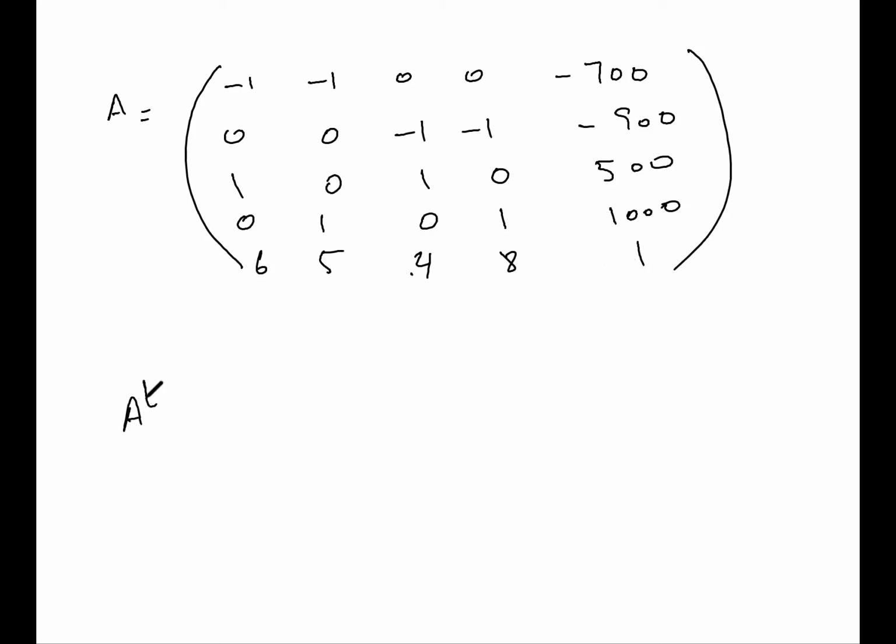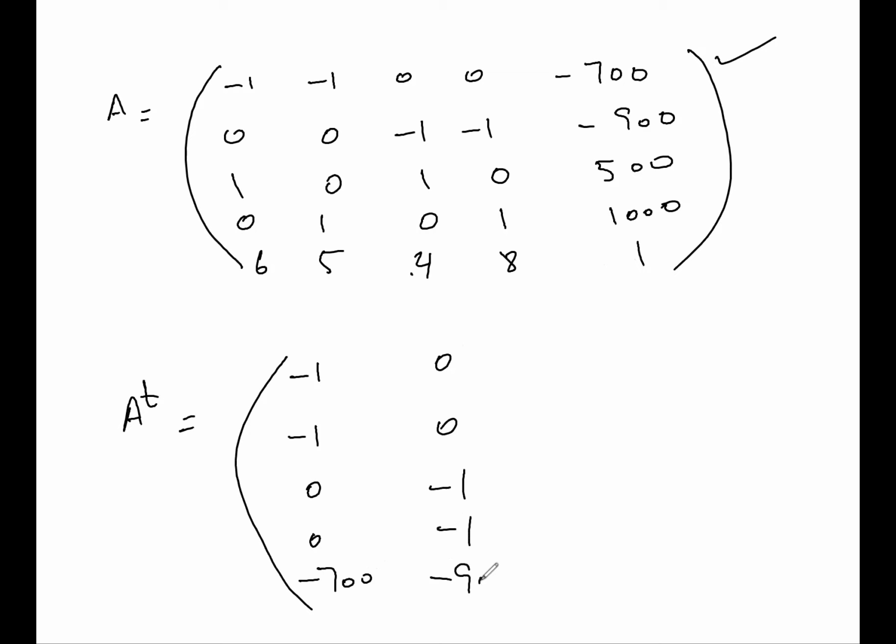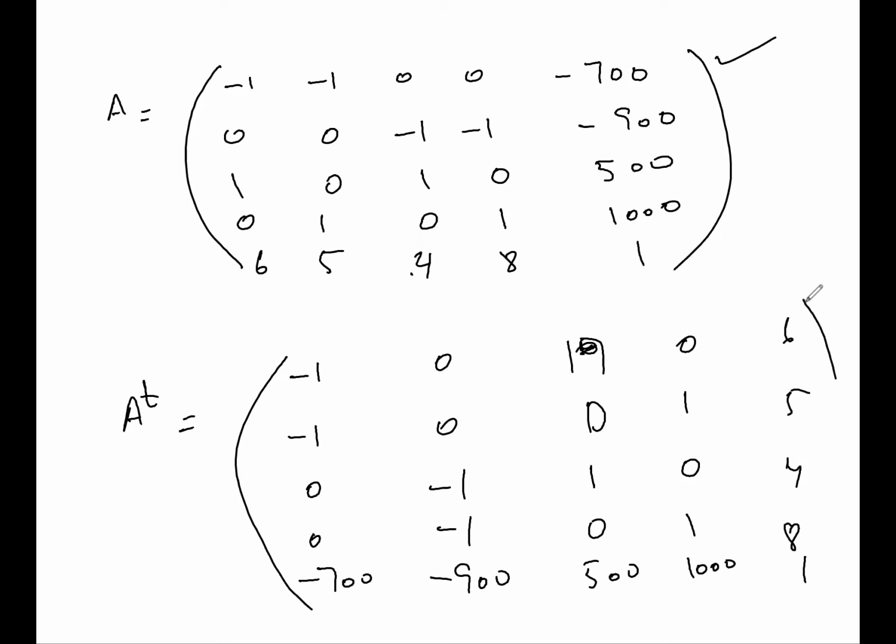Now we take its transpose. Rows will become columns: -1, 0, 1, 0, 6; -1, 0, 0, 1, 5; 0, -1, 1, 0, 4; 0, -1, 0, 1, 8; -700, -900, 500, 1000, 1.